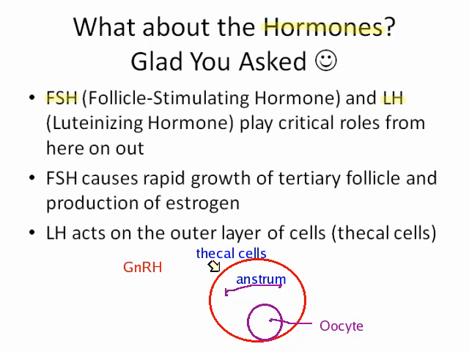We've arrested development at the secondary oocyte level, secondary follicle level. Meiosis 1 stops. At puberty, meiosis 1 starts back up again, and it does that each month to be able to develop the secondary follicle into a tertiary follicle. That's all under the direction of meiosis 1.